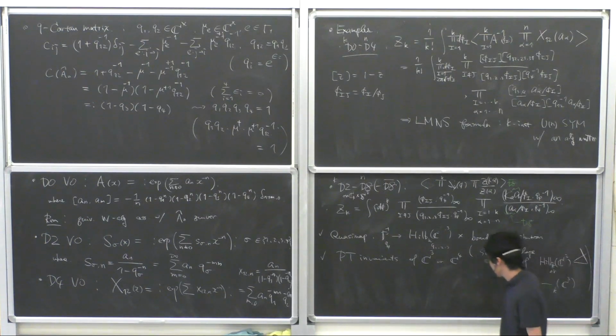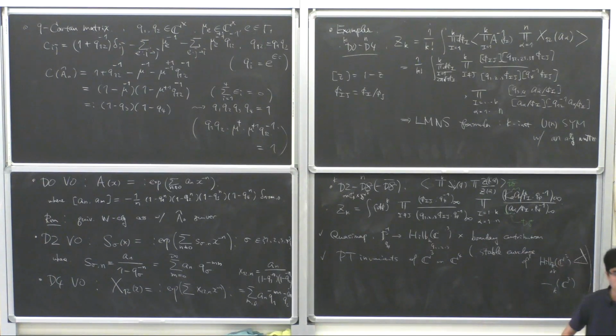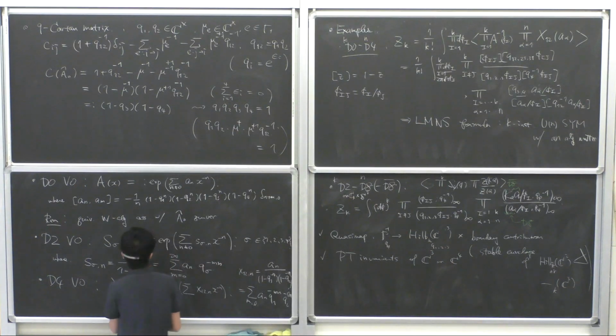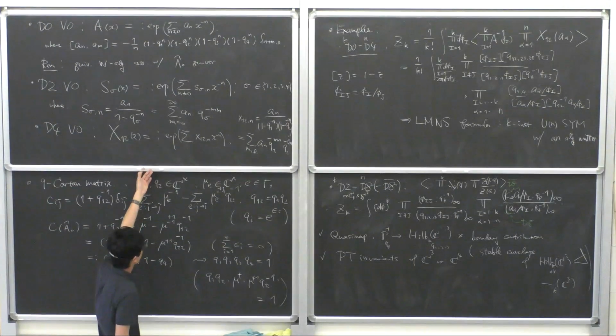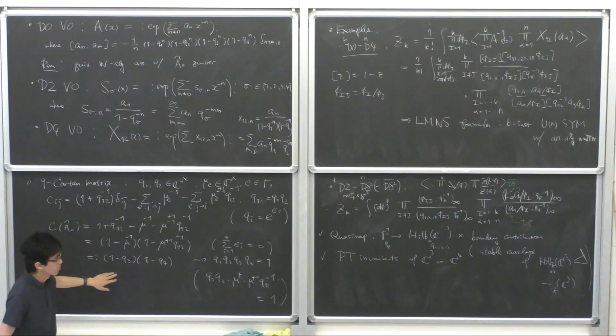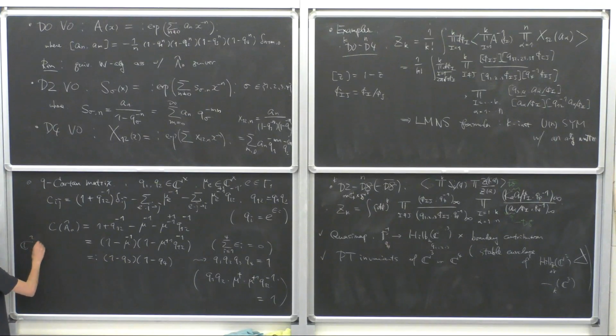D0, D8 pair of Quiver means, okay, this is another story. But what I explained here is only about the 3-4 direction, because initially this came from a discussion like this.